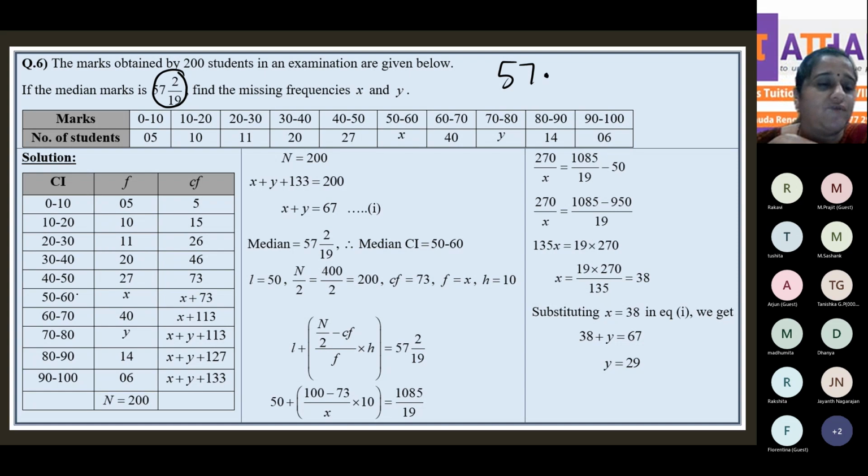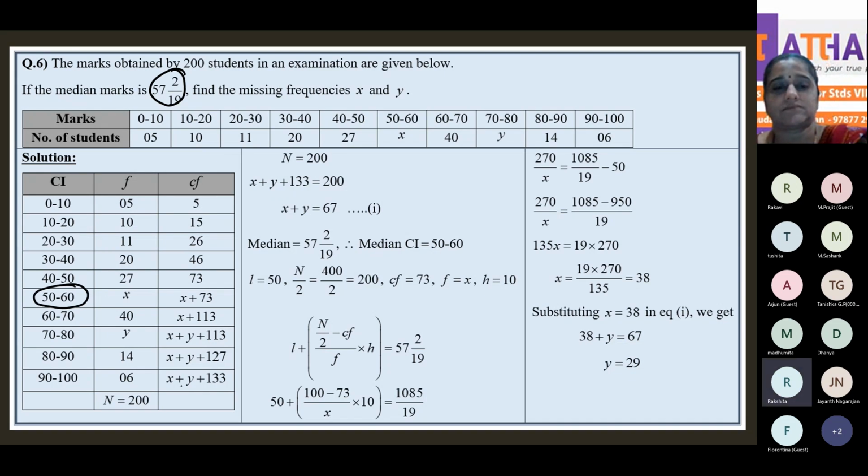So clearly it lies between 50 and 60, the class interval 50 to 60. Is that what you wanted, Rakshita? Yes, ma'am. Yeah. The value of the median is 57.2 by 19, and that value lies in the class interval 50 to 60. So the median class interval is 50 to 60. Yes, ma'am. Now I'm clear. Very good.